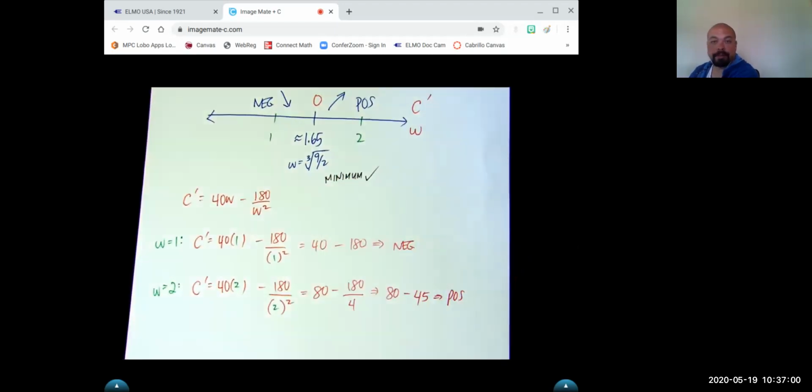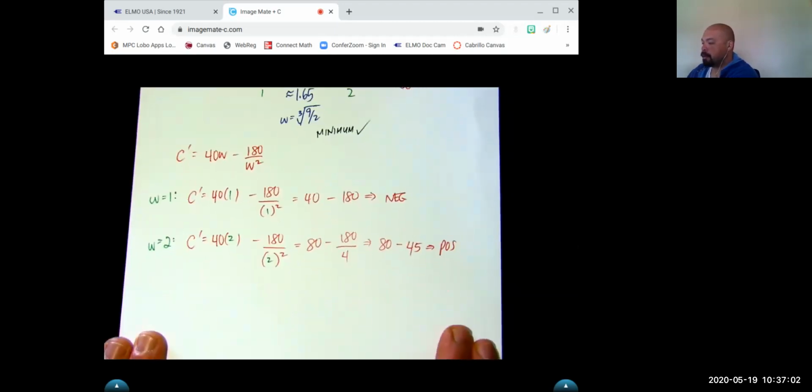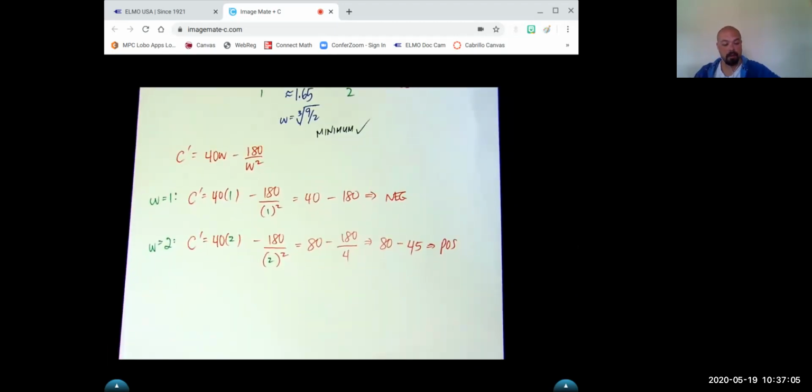Okay. So in this case, going back to the problem, the question asks, find the costs of the materials, right?